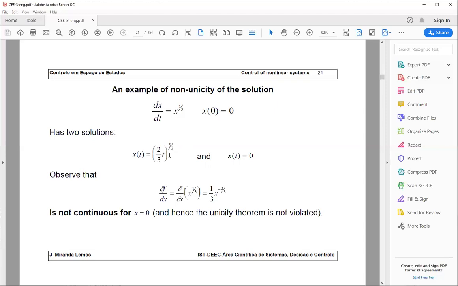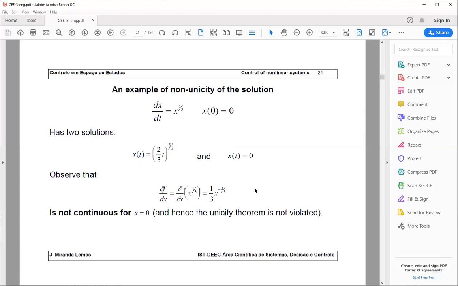To check that it verifies the differential equation is also very simple. It's just a matter of differentiating this expression with respect to time, plugging it here, and seeing that we have a true identity. So we have two solutions that are not the same, but they share a common initial condition.